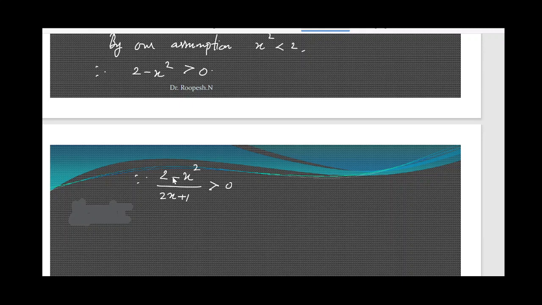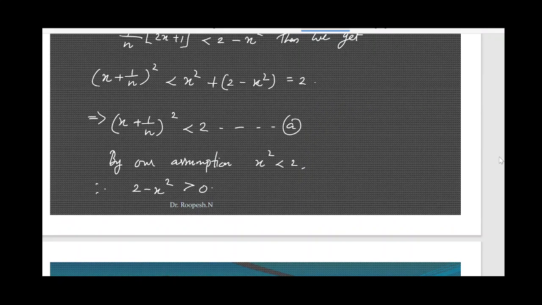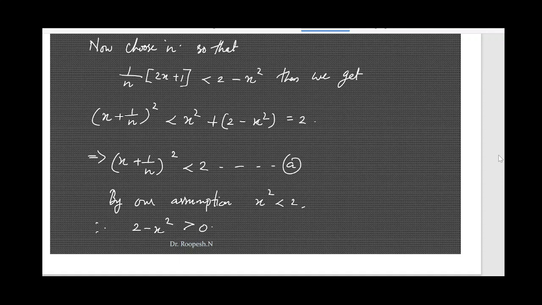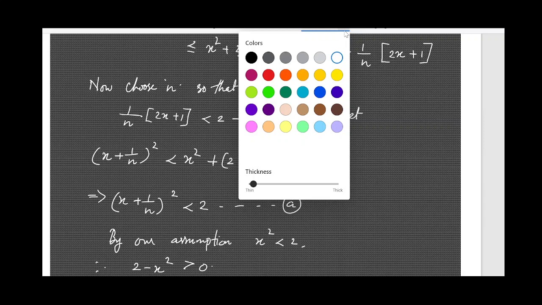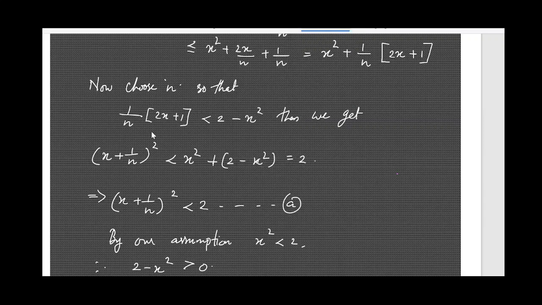Listen, 2 minus x square is greater than 0, right?